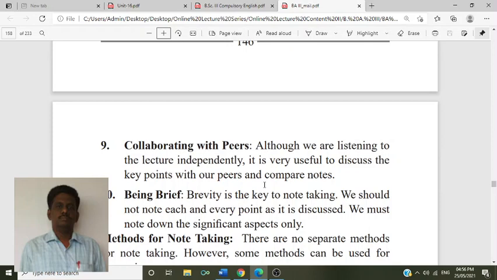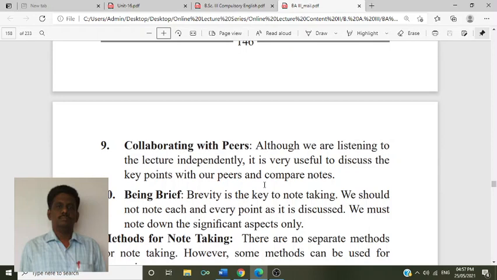Then being brief, this point is very important. Note taking does not mean taking down everything said by the speaker. Note taking should be very brief, abridged. Brevity is the key to note taking. We should not note each and every point as it is discussed.